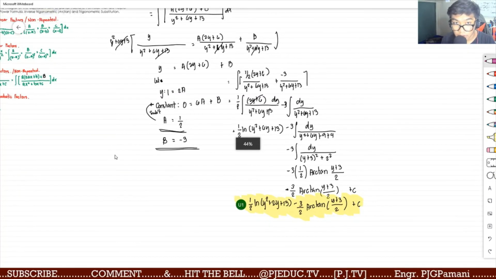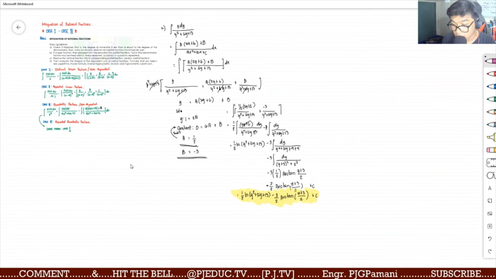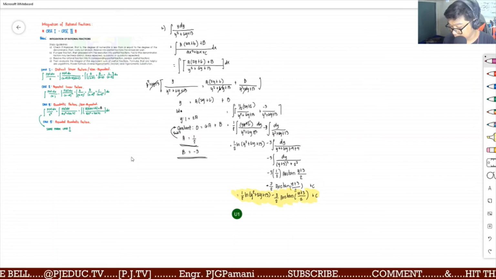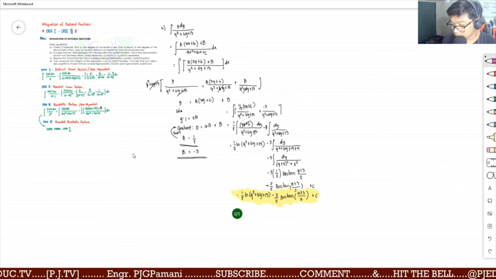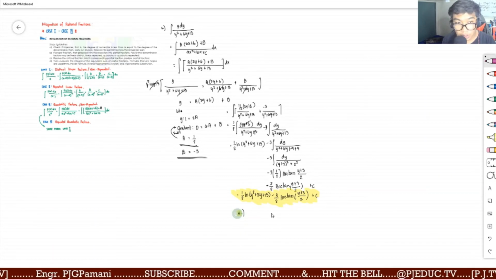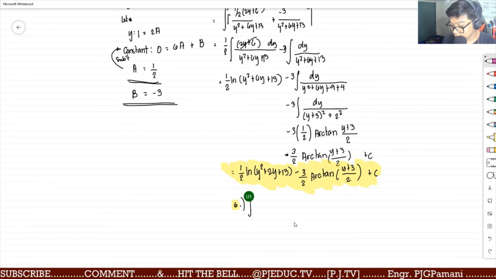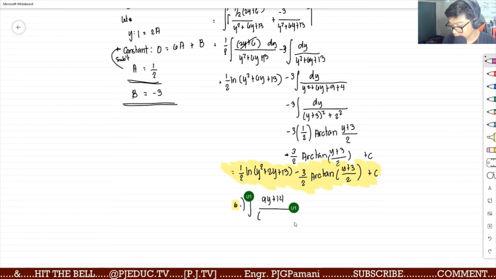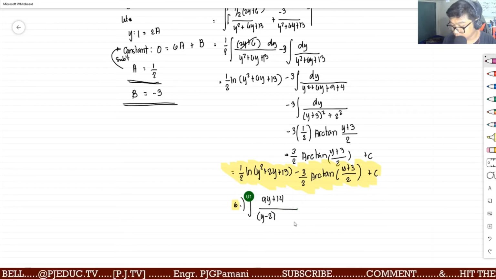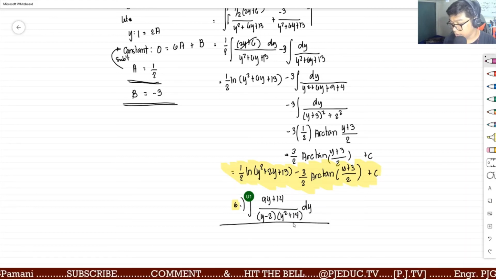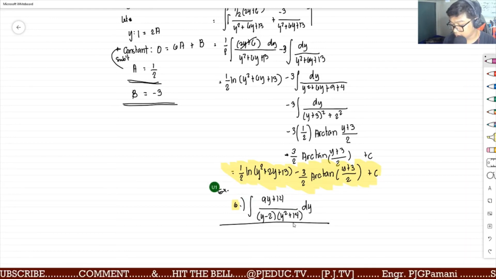Yan lang naman yung problem na yan. And for your practice problem, or exercise problem, try to solve this one. Try to solve 9y plus 14 over y minus 2 times y squared plus 14 dy. That is for your exercise.